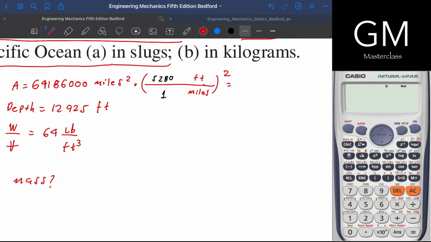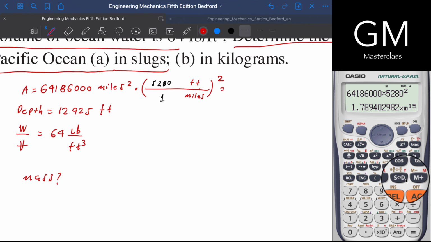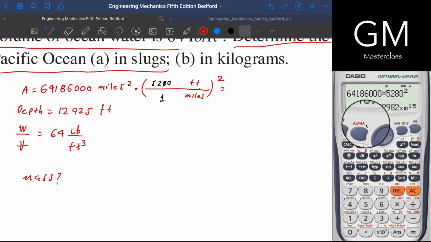And right here I have my first unit conversion. So it is going to be 64,186,000 times 5,280 to the second power.